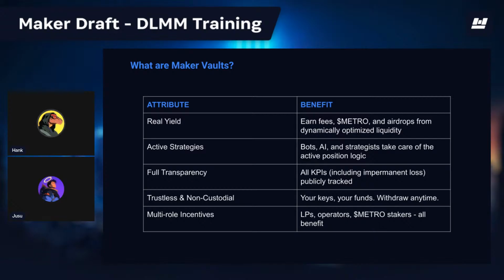Looking here in general, you can see on the left side, as a liquidity provider, you will earn everything that you would normally earn as a liquidity provider. You earn the fees from trading, you earn Metro, you earn the Sonic airdrops and airdrops of other protocols as well as Metropolis. And the nice thing is these vaults deploy active strategies and they are run by bots. They can be run by AI or strategists that take care of the active position and logic.